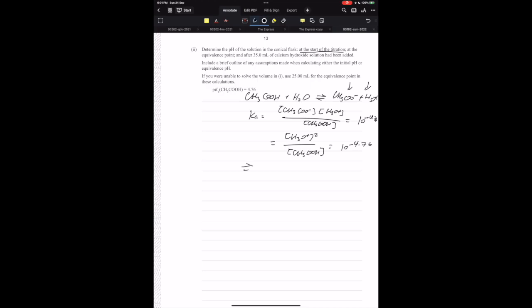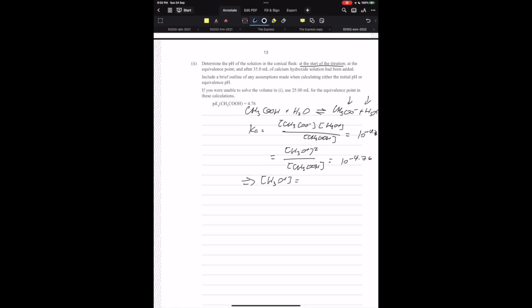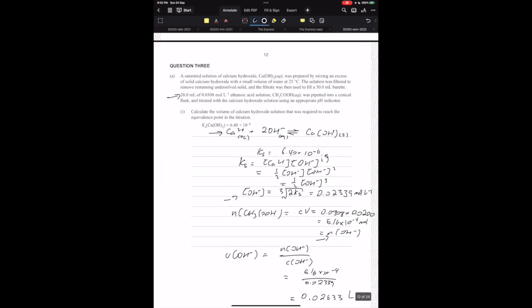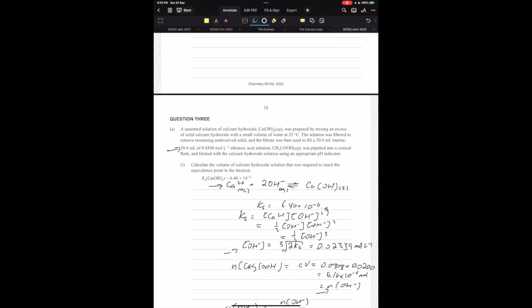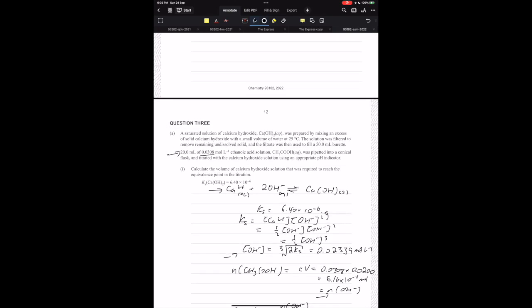So then you have the concentration of H3O plus is equal to, so whenever you're making pH calculations, your final goal is always to figure out the concentration of hydronium ions. And so we get, the concentration of ethanoic acid solution at the beginning was 0.0308.